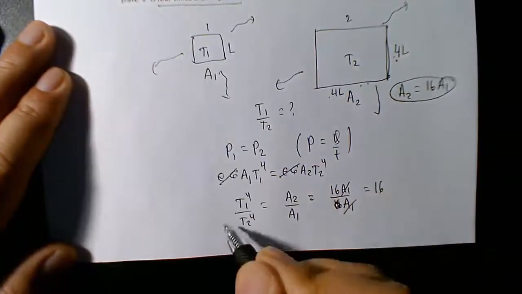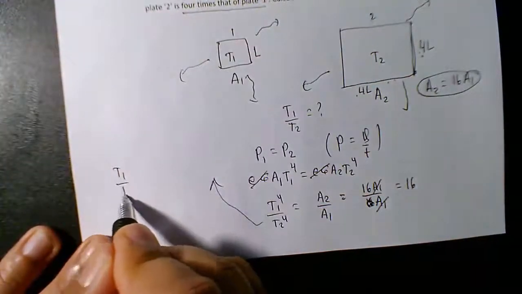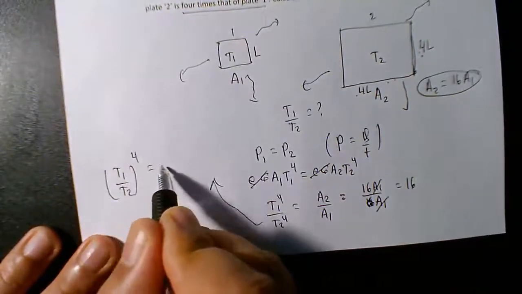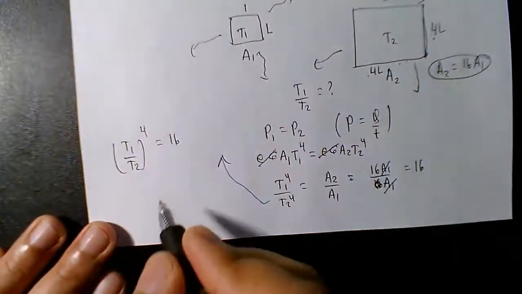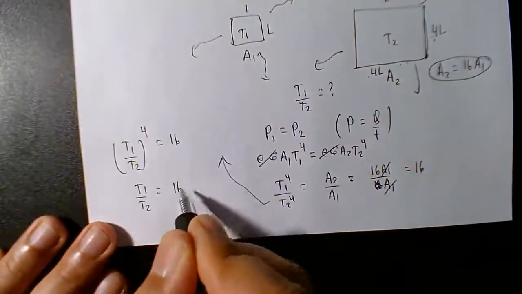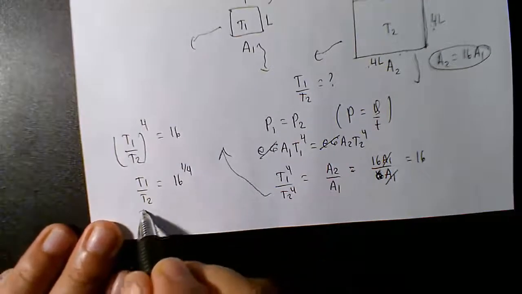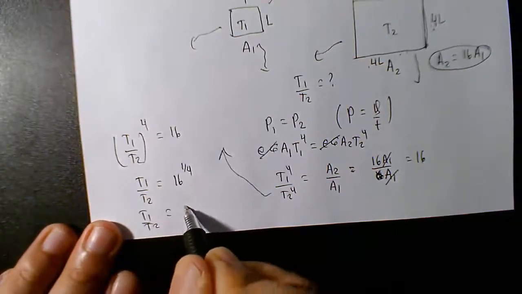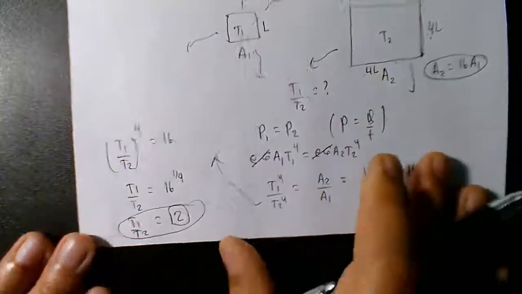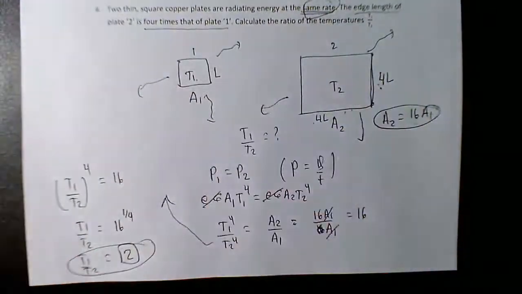One more step: this is T1 over T2 to the power 4, equal to 16. How would you find the T1 over T2 ratio? You have to take the 1/4 power. So that's your answer, that is going to be 2. So the temperature ratio is only 2, so its temperature must be double compared to this. Okay.